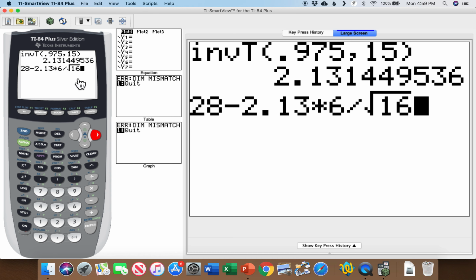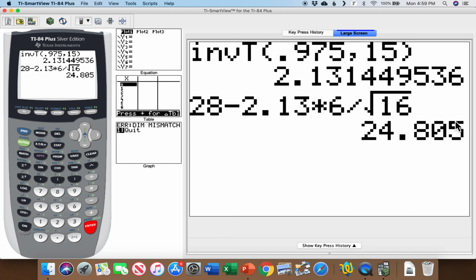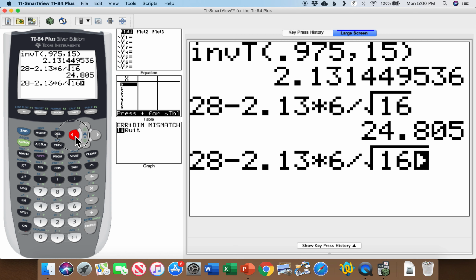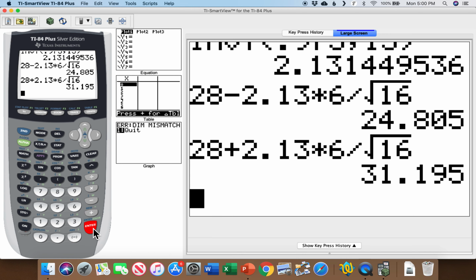So we can just practice using our square root symbol and putting in 16 there. So 24.81, we're going to round to 2 decimal places, and let's change this minus to a plus. We're going to repeat that previous problem. Scroll over, change it to a plus, and 31.20. 24.81 to 31.20.